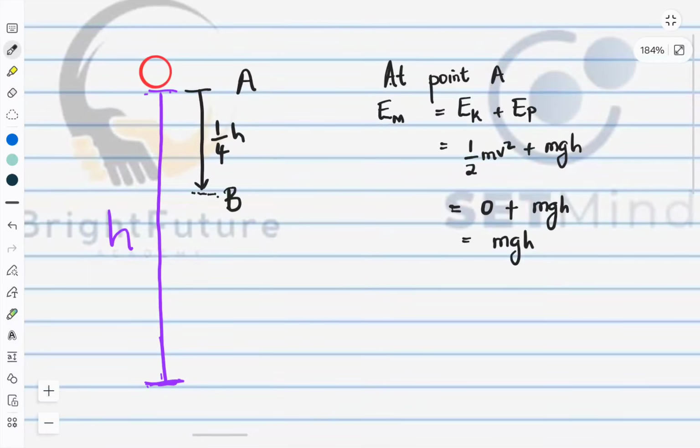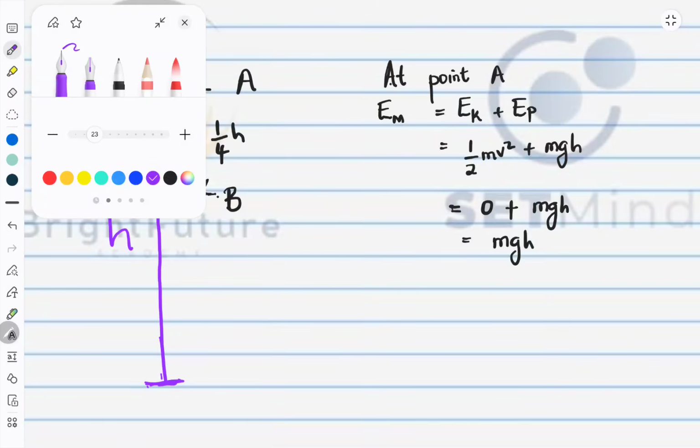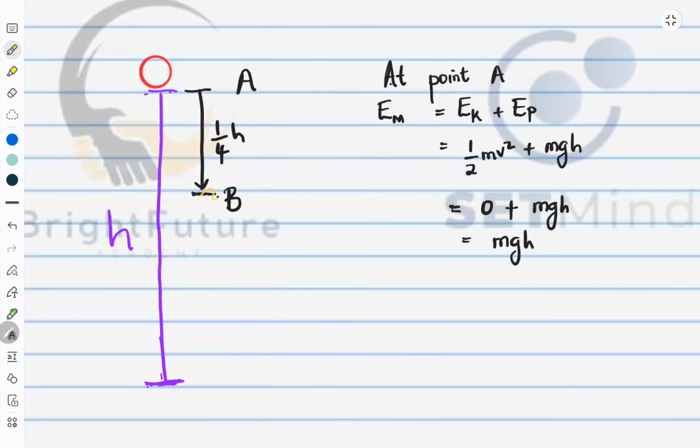What about point B after it has covered 1/4 of the height? Right, you must be careful now. This thing has covered 1/4 of the height, right? What that means is it's still left with some height here. So this is its new height. It's at a height of h minus that 1/4, so this new height is h minus 1/4 h.